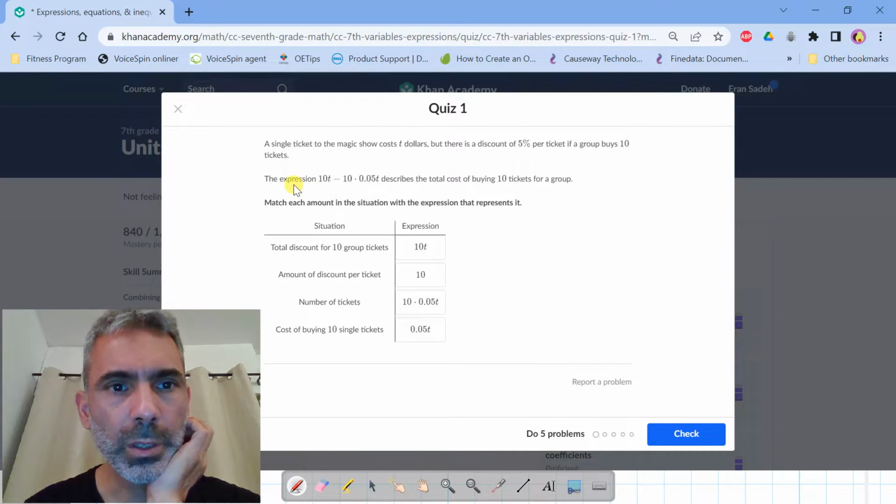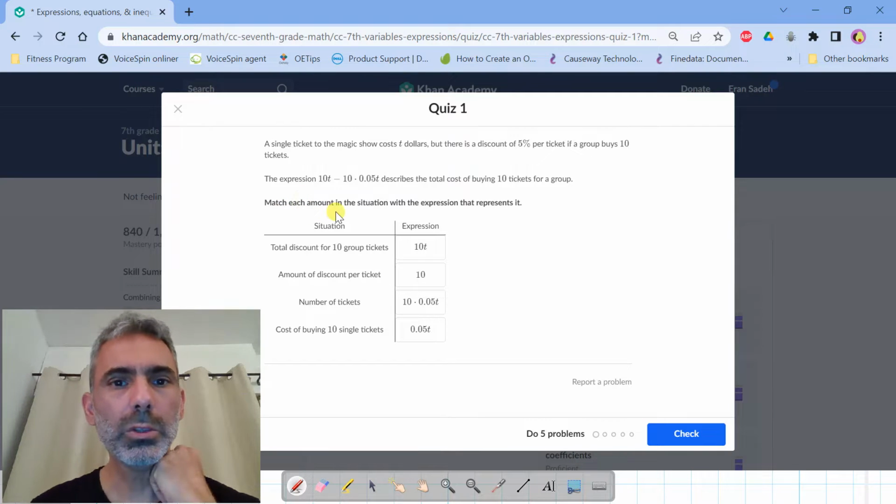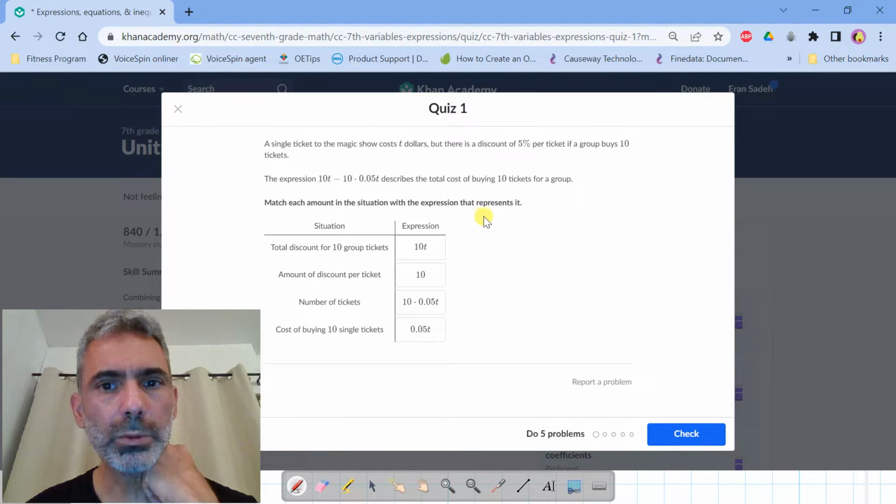Okay, so this expression describes the total cost of buying 10 tickets for a group. Match each amount in the situation with the expression that represents it.